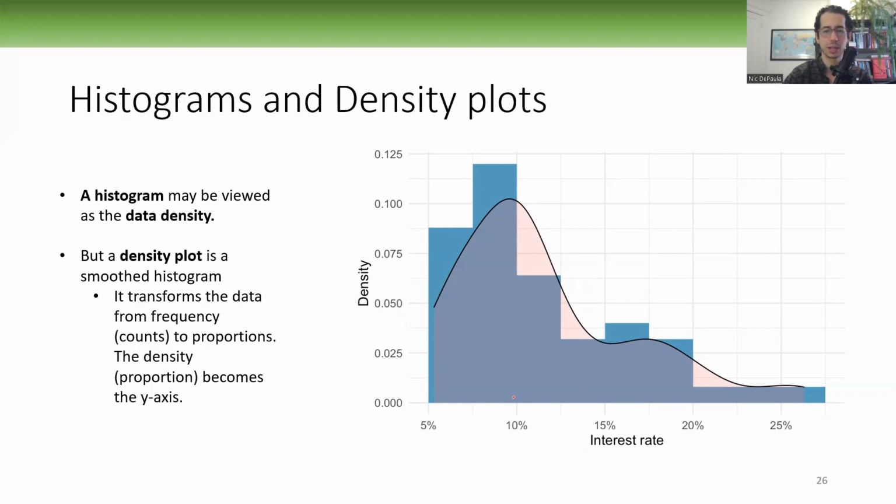So we can see that, for example, interest rates of 10% actually make up 10% of the data. Interest rates of about 5% make up about 5% of the data. Interest rates of about 20% make up about 2.5% of the data, and so on.